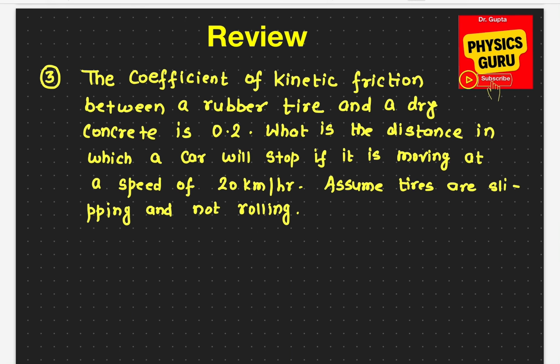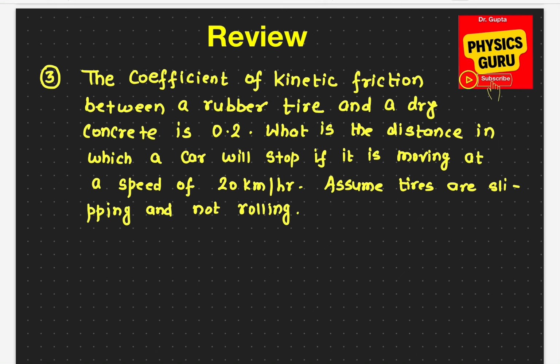In this problem, what is given is the coefficient of kinetic friction, which is 0.2. Now you have to find out the distance a car will stop if it is moving at a speed of 20 kilometers per hour and the tires are still slipping, not rolling. So what does this mean?